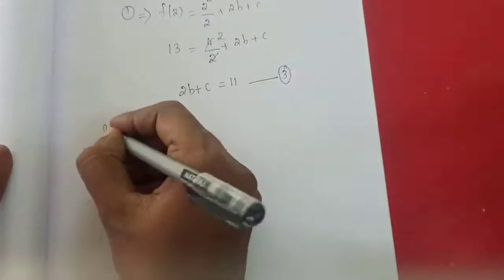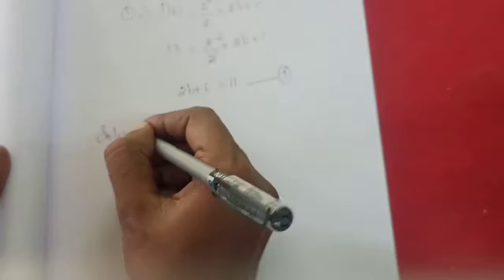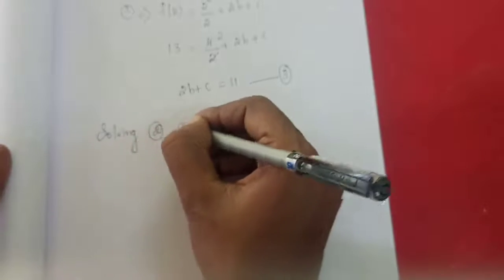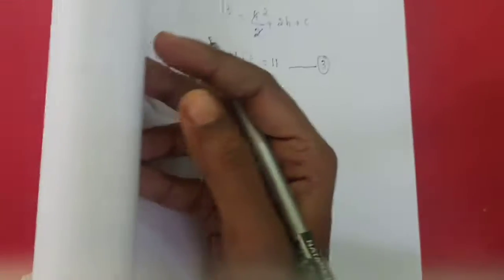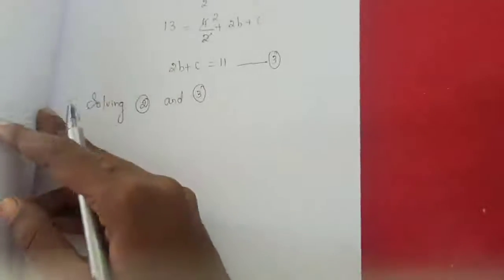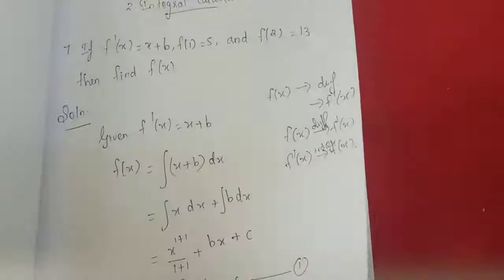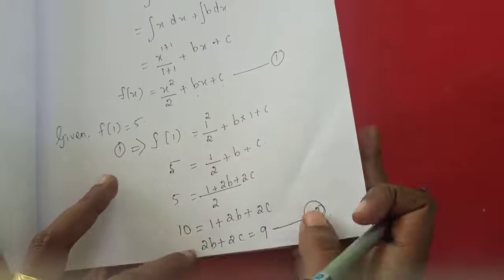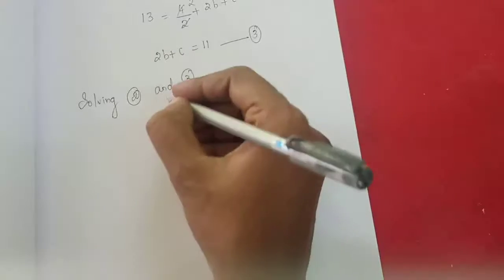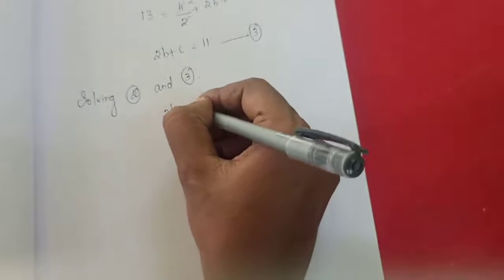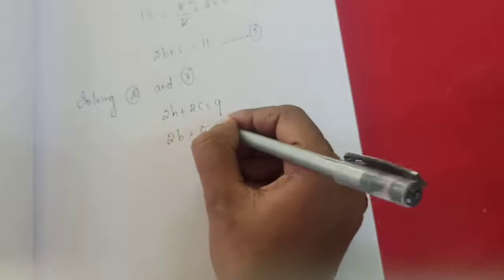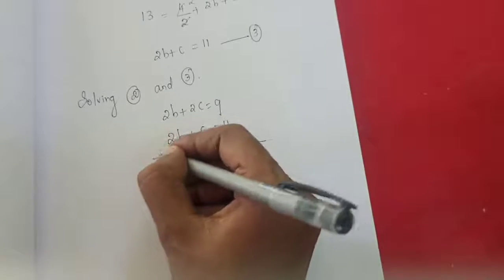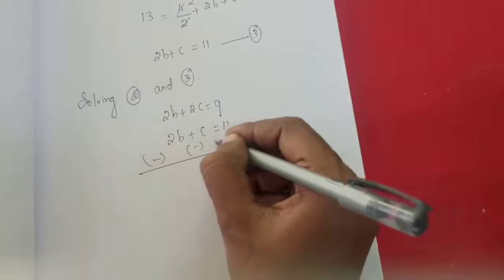Now we are going to solve equation number 2 and 3 to get the values of b and c. Equation number 2 is 2b plus 2c equal to 9. Same as that, here 2b plus c equal to 11. Solve by changing the sign, you know already.